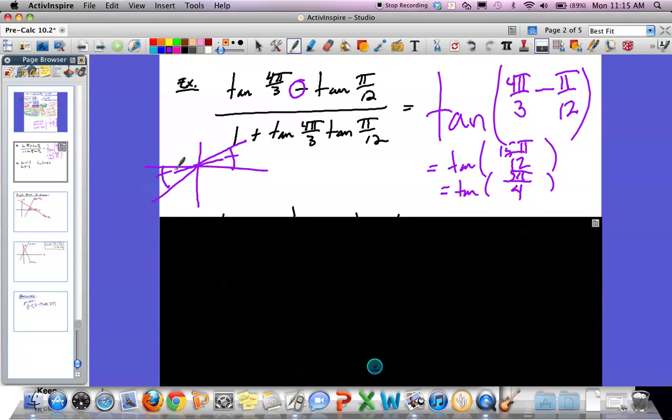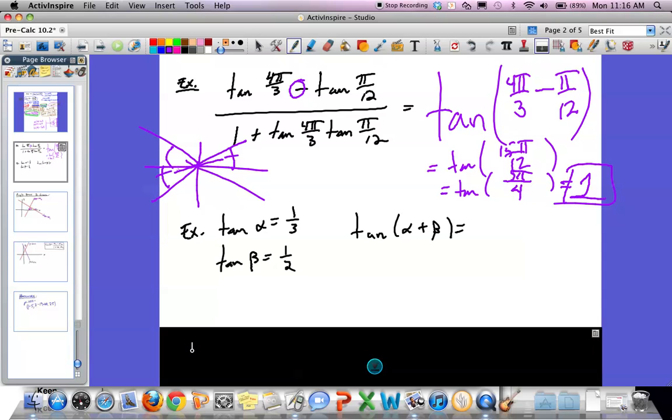In quadrant 1, the tangent is positive, and in quadrant 3 it's positive, and the tangent of pi over 4 is 1. So you don't need to plug that into your calculator. That's a special one we should know, and we say that it's 1. If it would have been in quadrant 2 or quadrant 4 and it references to pi over 4, like 3 pi over 4 or 7 pi over 4, your answer would be negative 1.